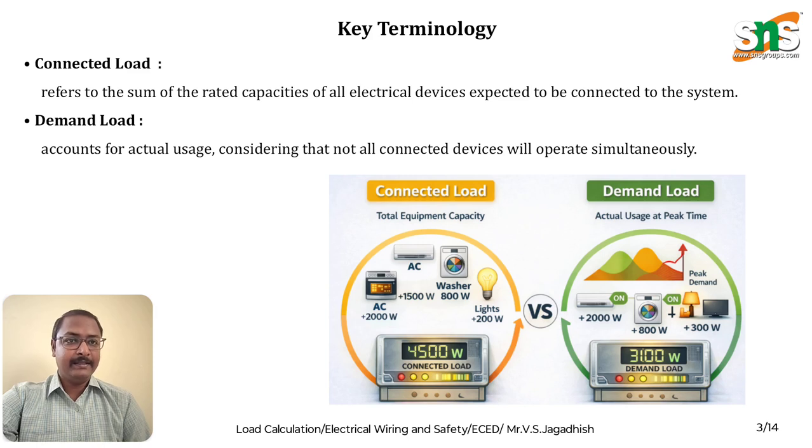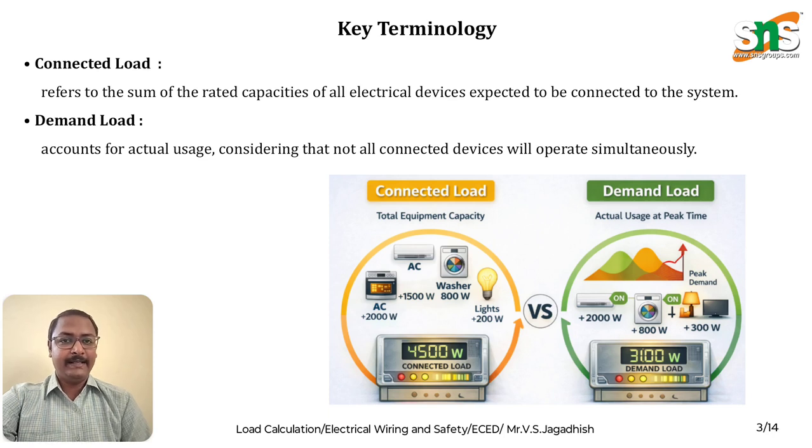Here we have an air conditioner, a washing machine and a light, all mentioned with their power consumption in watts. They are connected to the main supply but these loads are not active. In that case we call it a connected load.